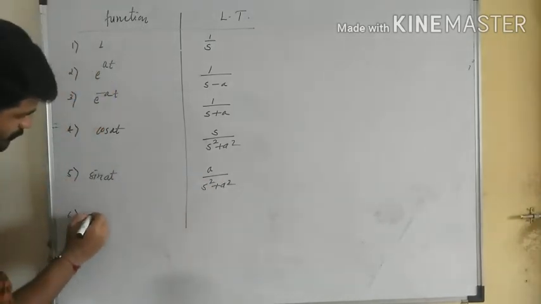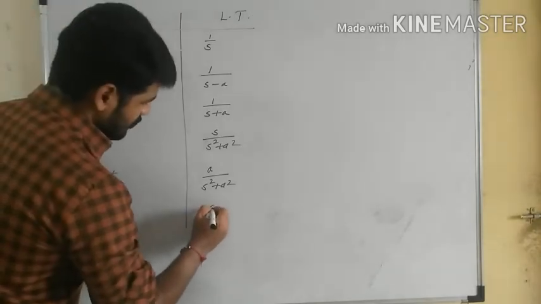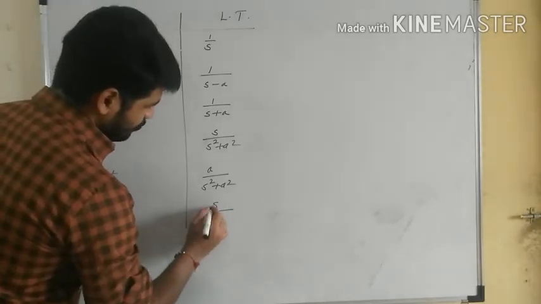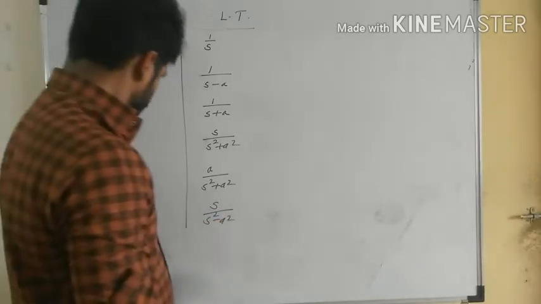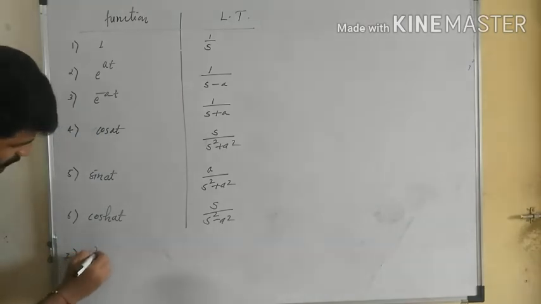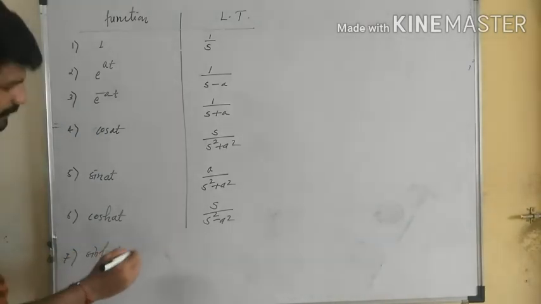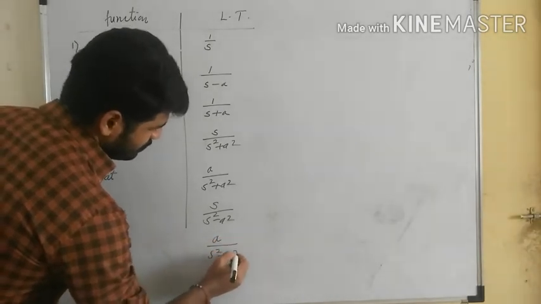Number 6, cos hyperbolic at. Its Laplace transform is s upon s square minus a square. Next function is number 7, sine hyperbolic at. Its Laplace transform is a upon s square minus a square.